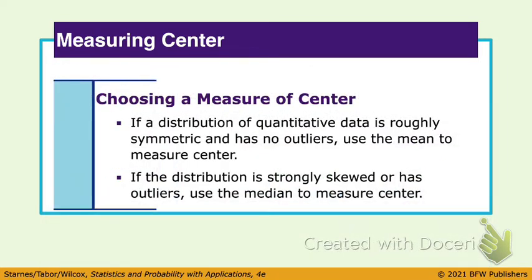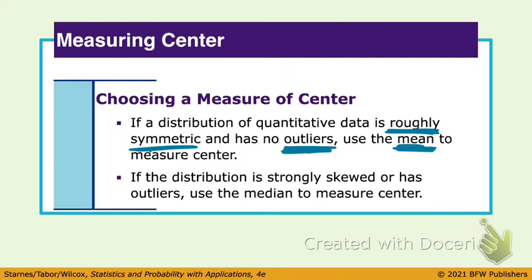All right, so if a distribution of quantitative data is roughly symmetric and has no outliers, you're going to want to use the mean to measure the center.